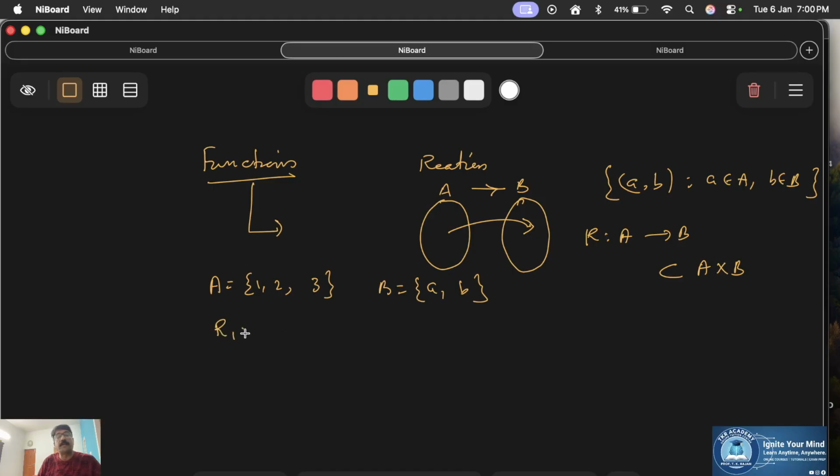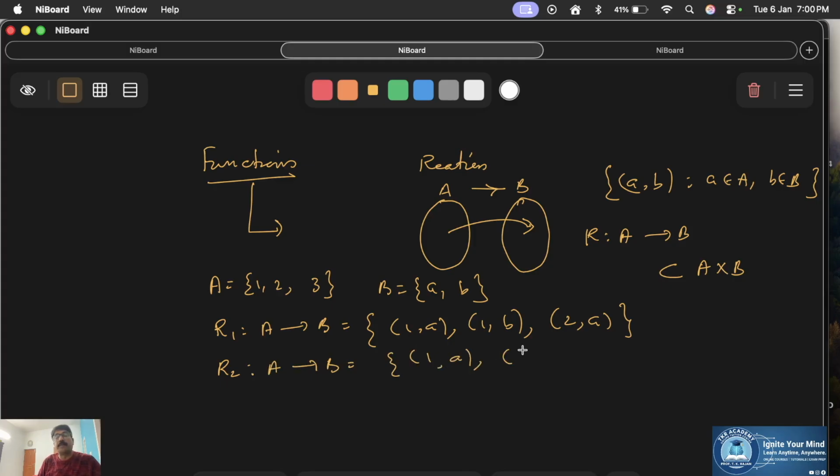Now, I define R1 from A to B, a relation which consists of the pairs (1,a), (1,b), (2,a). Another relation R2 from A to B is the set {(1,a), (1,b), (2,a), (3,b)}. Another relation R3 from A to B consists of the pairs (1,a), (2,a), (3,a).